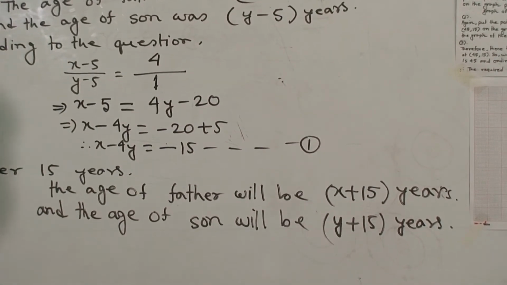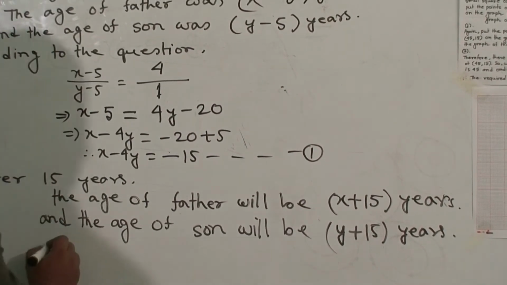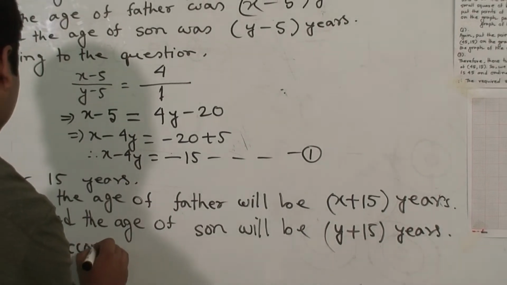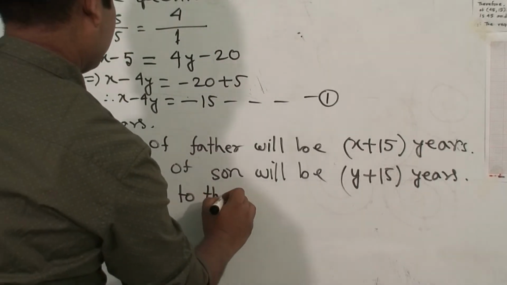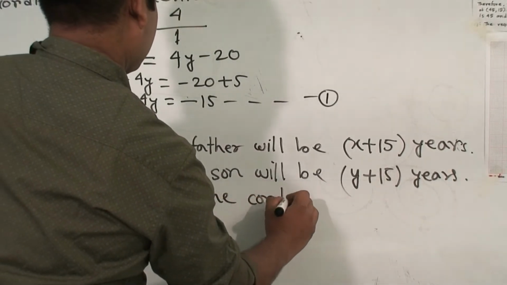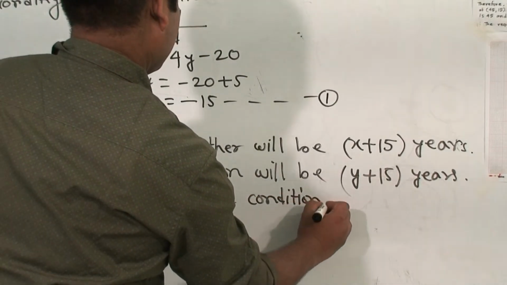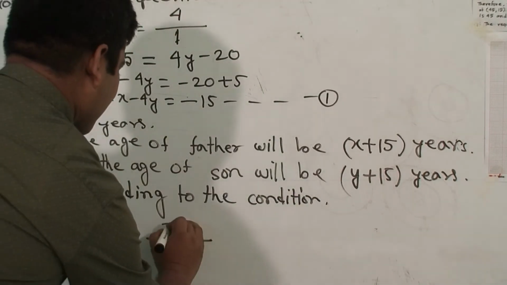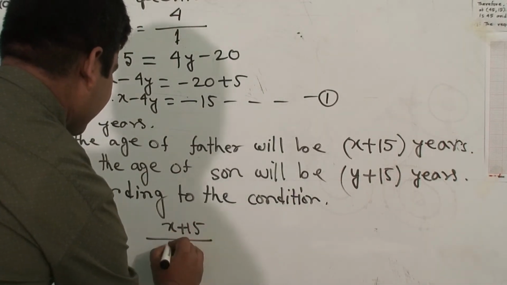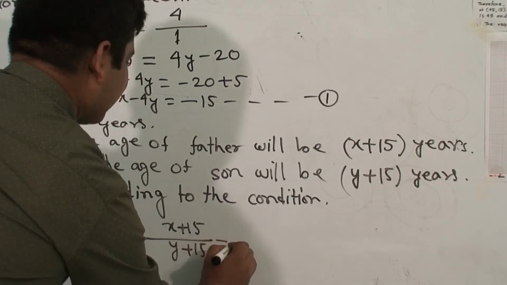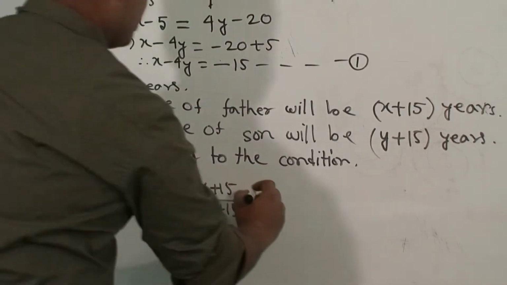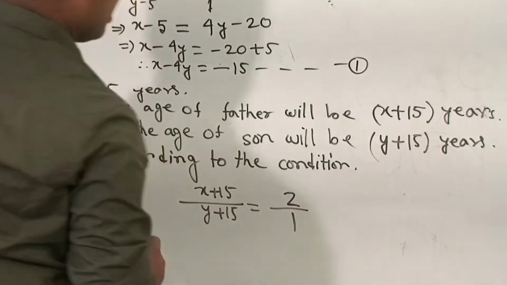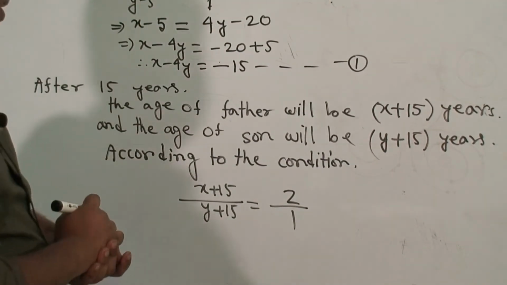Now dear student, same according to the condition, x plus 15 divided by y plus 15 equal to the ratio is 2:1. That means 2 divided by 1. Now we use here the cross multiplication method.